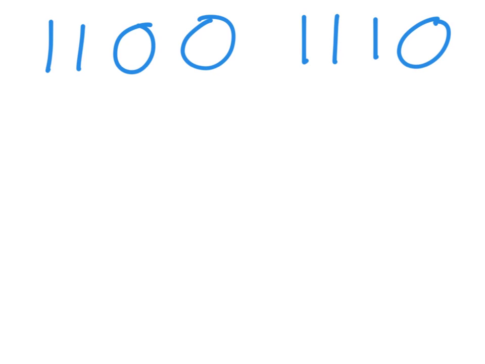Now the next one we're expected to do is convert this binary number to hex and into a decimal value. So how would we go about doing that? What do we do first? Let's do hex first.